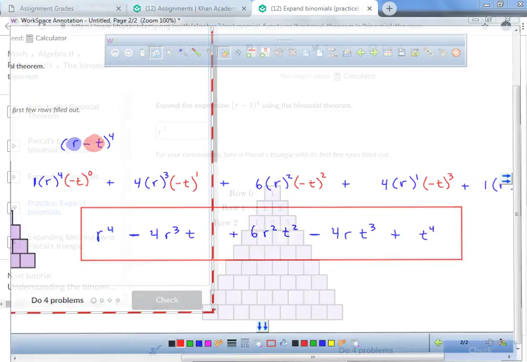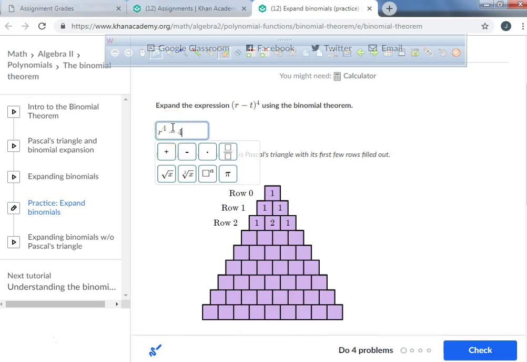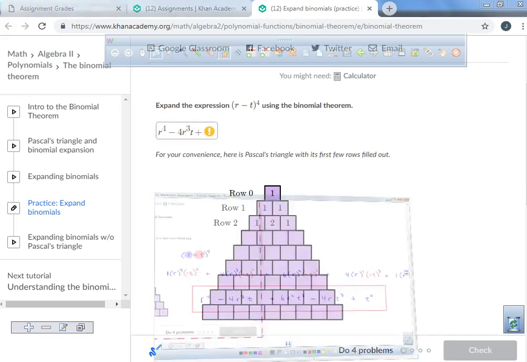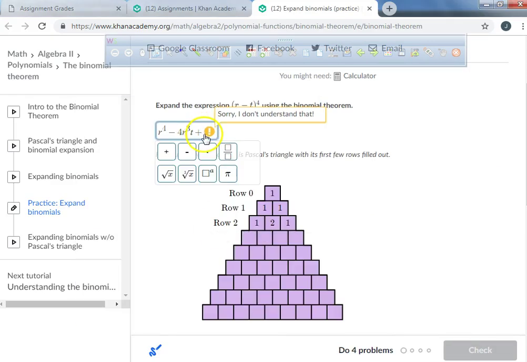All right, look back at it. Minus 4r to the power of 3, and then a t, and then we had a plus, correct? 6r squared t squared, minus 4r t to the power of 3, t cubed, then a plus, oh, not equals, plus t to the power of 4.